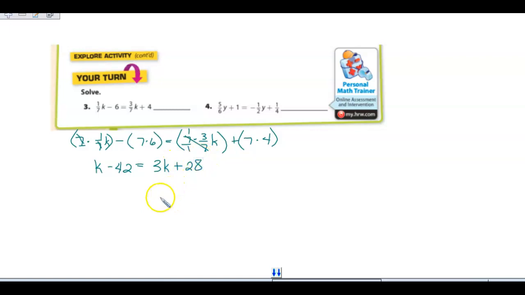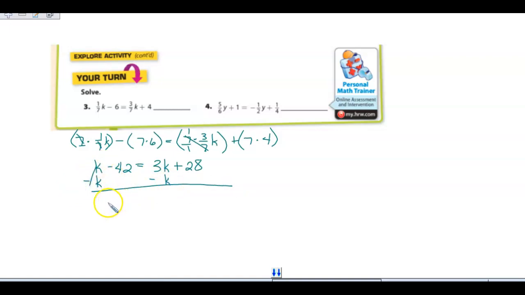And now I have to decide which side I want my variable on. Do I want it on the left or on the right? If I subtract k from both sides, this becomes a positive 2k. If I subtract 3k from both sides, this becomes a negative 2k. Either way works just fine. We'll get the same answer. I choose to subtract 1k from each side.